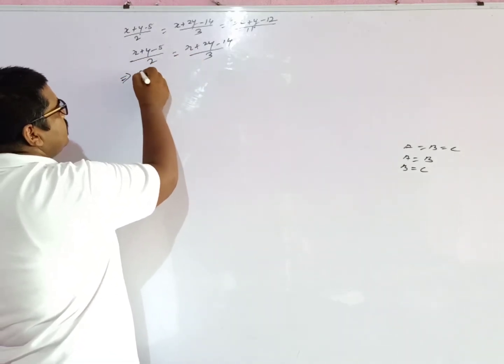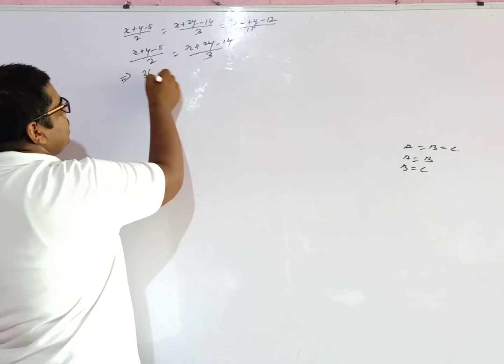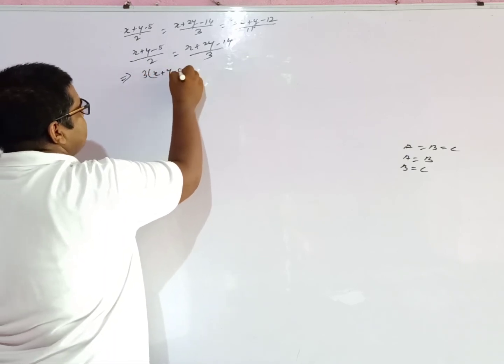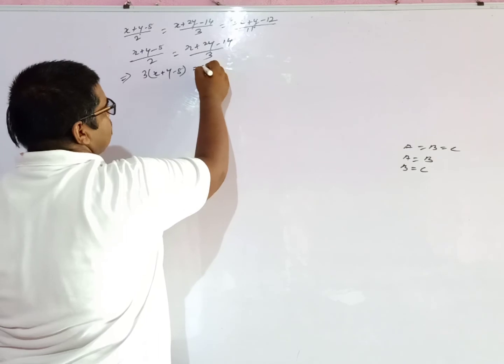When you solve, 3 is multiplied by x plus y minus 8, and 2 by x plus 2y minus 14, by cross multiplication.